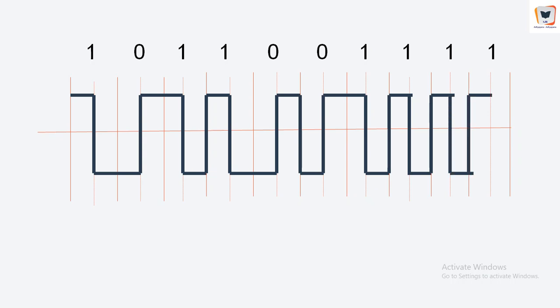So for all these 1 1 1 1, there is a transition at the boundary. This is good enough for the receiver to identify what is following what. Therefore, Manchester coding has the highest efficiency in keeping guard of the synchrony between receiver and sender.